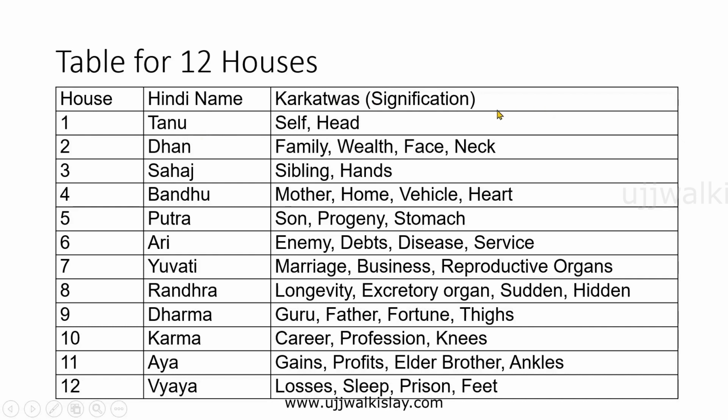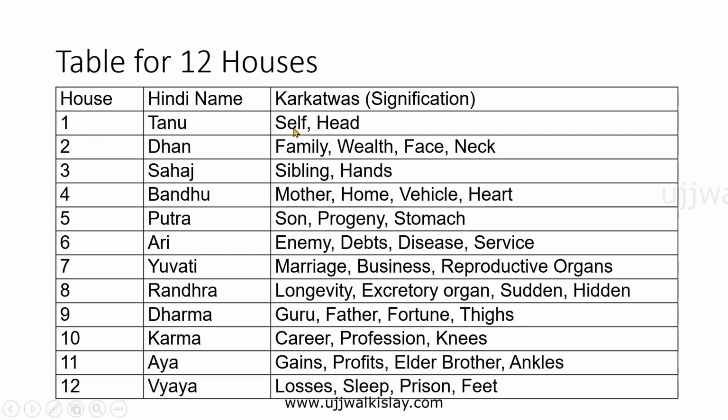In this last third column, you can see some common significations related to that house. So when we will be studying about a horoscope in order to predict and interpret, these things will be used. For now, we just need to have a very basic understanding.